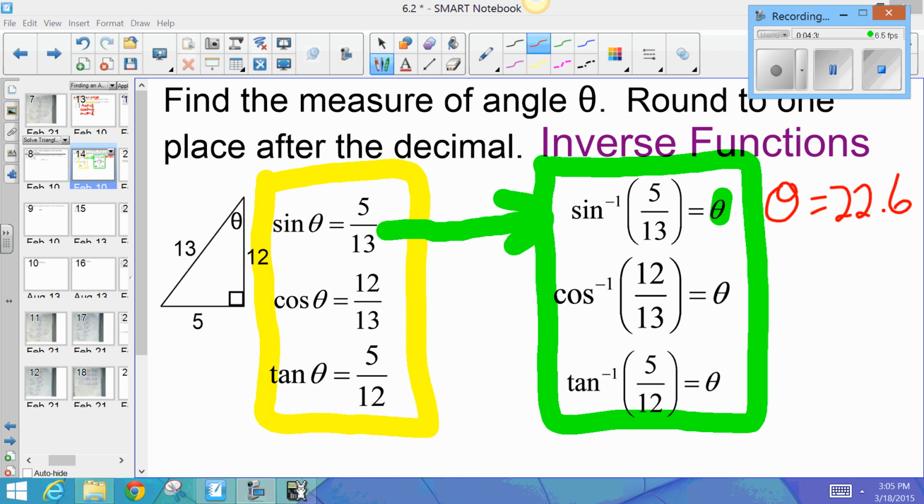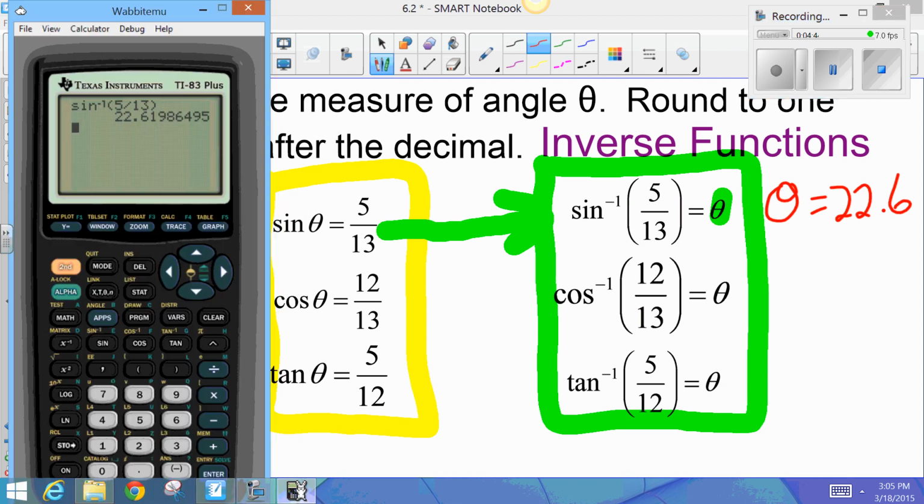All right, so now I am going to do the same thing. I'm going to do the inverse cosine now. So second cosine of 12 divided by 13. Oops, go back. 13. Okay, so guess what it is?